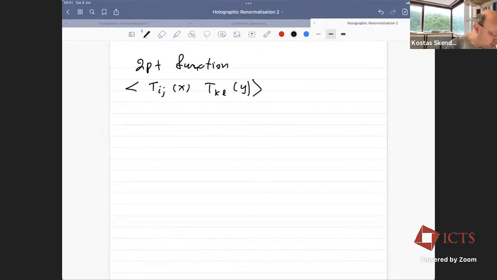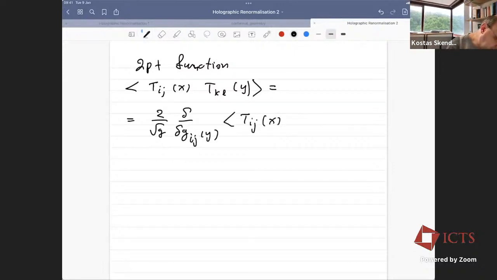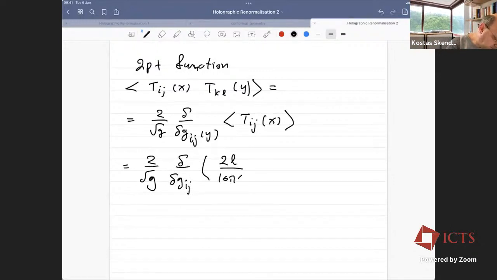We already know the 1-point function, so that should be this, and then from here, by just using the formula we just computed, this should be this.